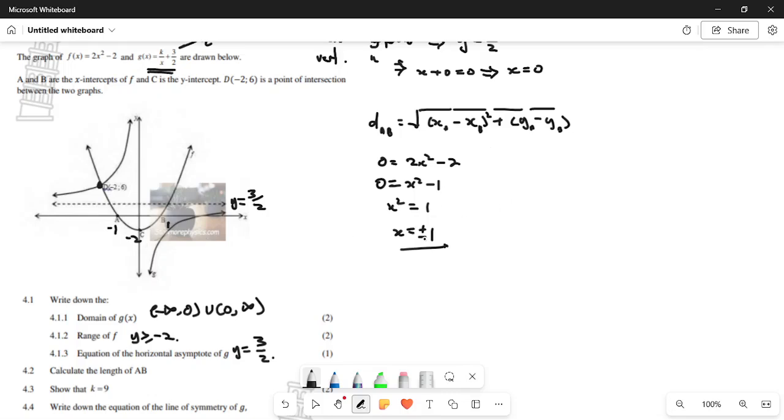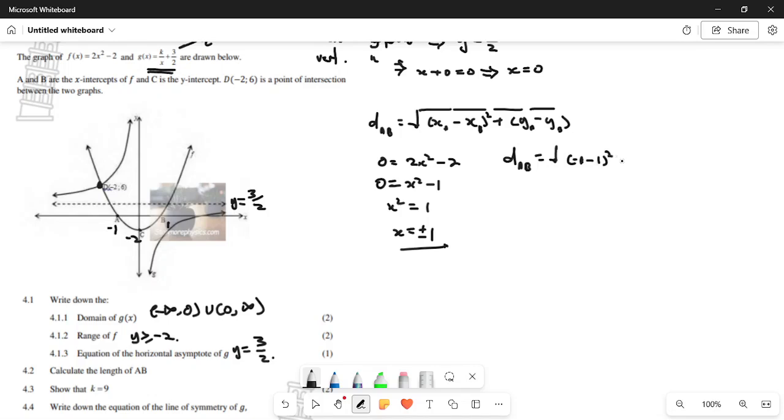And now substituting this into our distance formula, that means we have the distance of AB, square root of our x at A, which is a negative 1, minus our x at B, which is a positive 1.